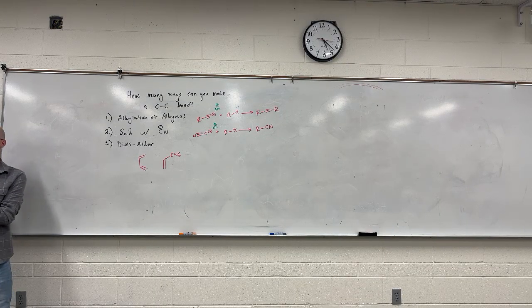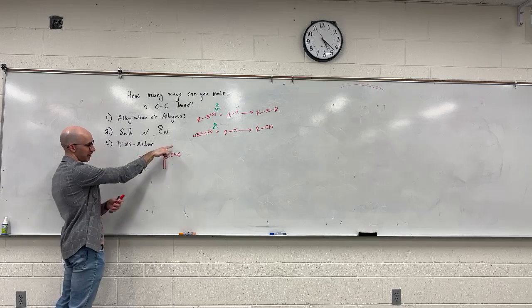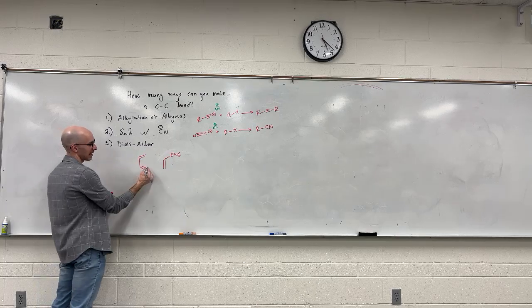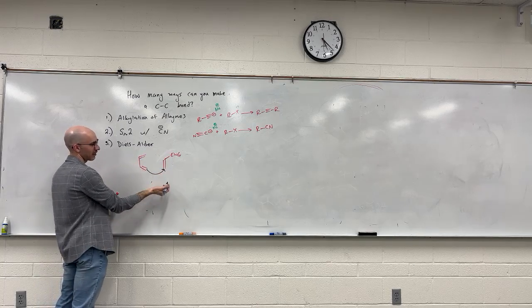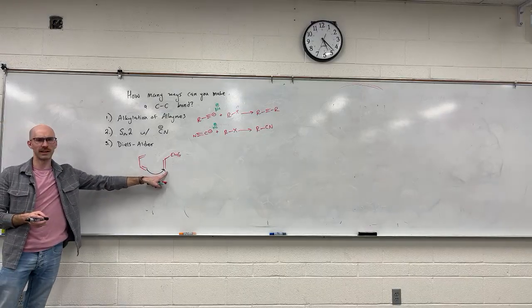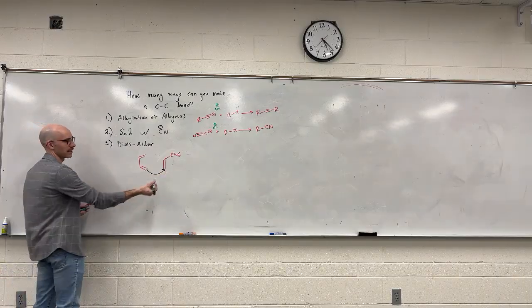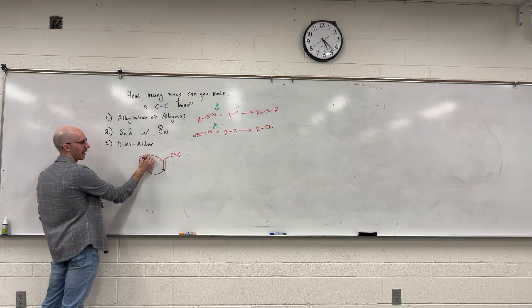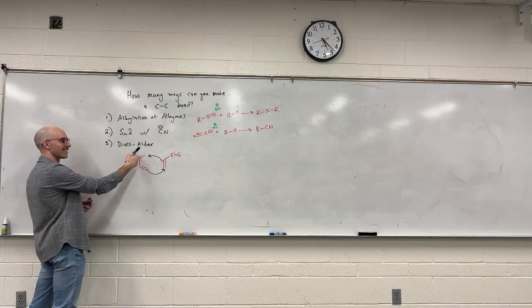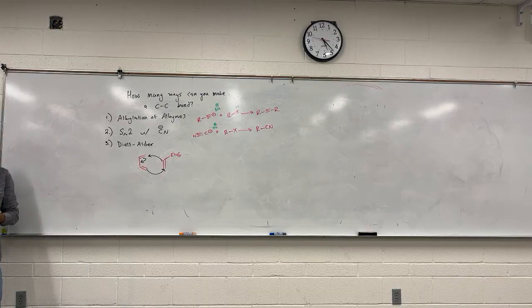Carbonyls, cyanos, nitriles, nitro groups, which pull electrons away from this region and make it easier for the diene to attack that position. Carbon nucleophile, carbon electrophile. But it gets even more confusing than that because now the dienophile also acts as a carbon nucleophile to the diene, which acts as a carbon electrophile.